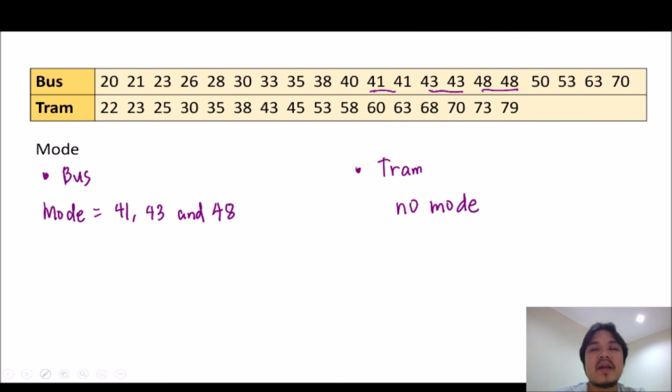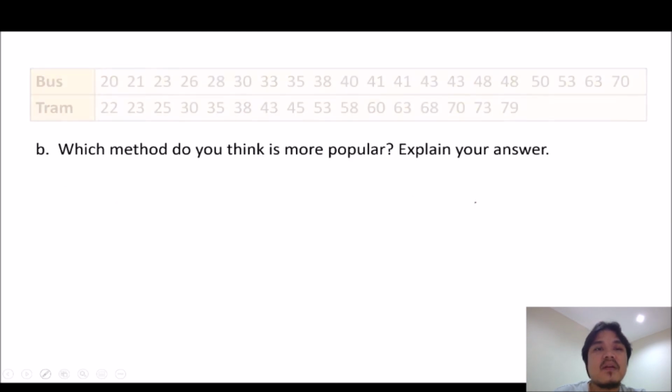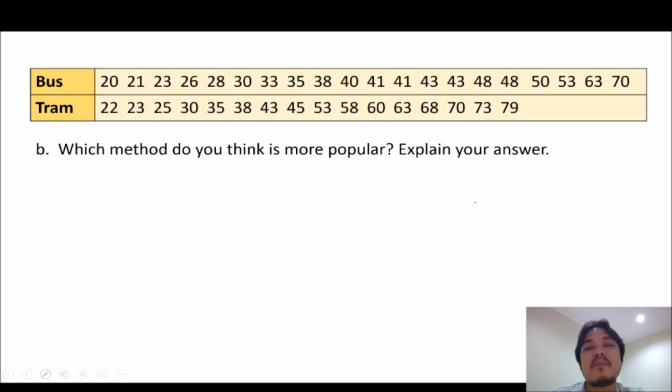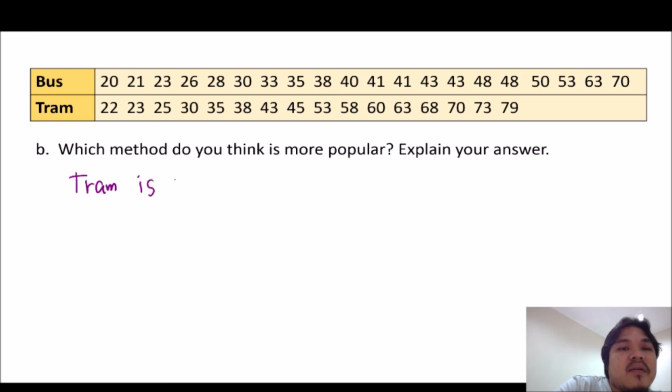Let's have our next question. Which method do you think is more popular? Looking at the values for the mean and median, we can say that the tram is the most popular. Why?